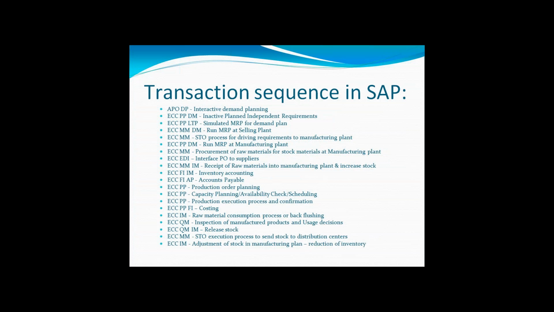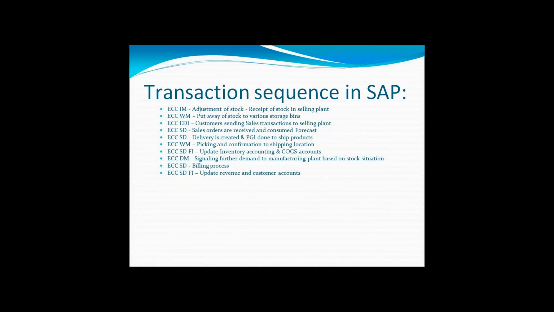Now, we have integrations with APO to PP to MM to IM to EDI to FI to QM and WM, at various points in our business process. The business process example we took is a very simple business process. In order to set this process up for a company, without adding any complexity, with standard best practice, we could get it done in 3 to 4 months and up and running.